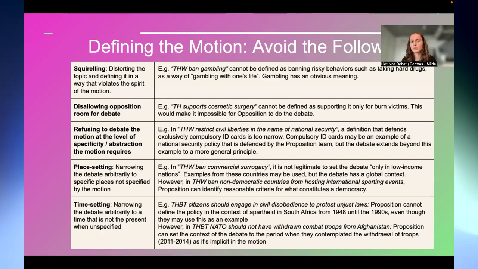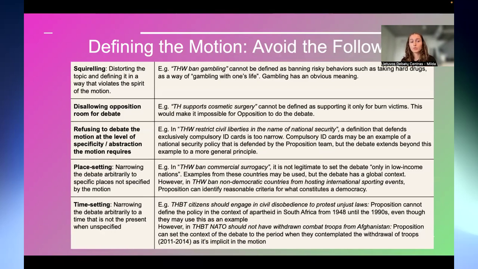It's really hard for opposition then to make any arguments. So once again, don't try to debate the motion with a very narrow definition of it. Try to include as many actors as possible so that your arguments in case are actually strong and logically consistent with many different cases.